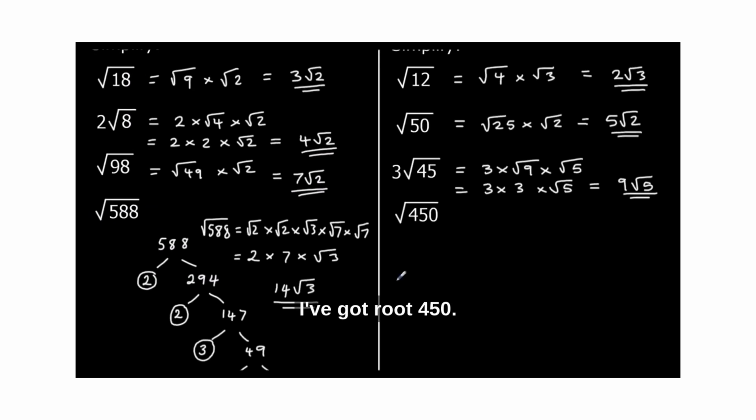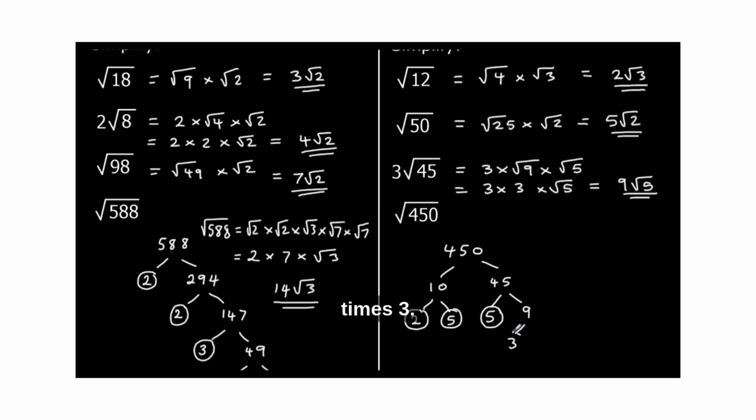And finally, I've got root 450. So I might have to break it down. So let's break it down. So 450, if I say that's 10 times 45, and 10 is 2 5s, they're both prime. 45 is 5 times 9, 5's prime, and 9 is 3 times 3.